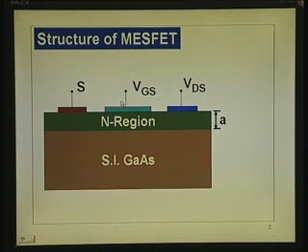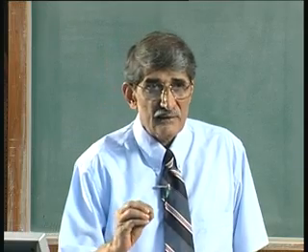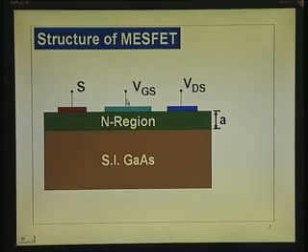VGS actually is positive if it is forward bias. Please understand this terminology. Gate to source potential is positive if it is forward bias. Gate to source potential is negative, the applied voltage is negative with respect to source if it is reverse biased. When nothing is applied, when you shorted this, there will be a built-in potential across this metal semiconductor junction.